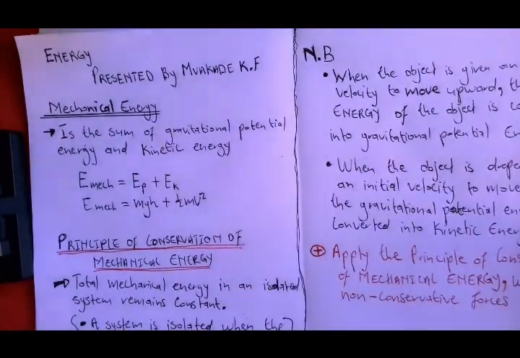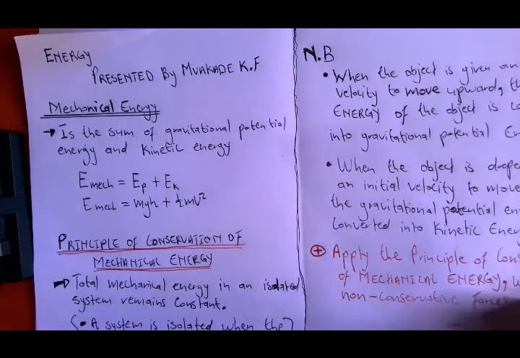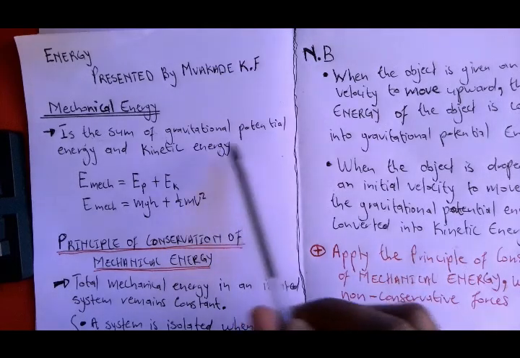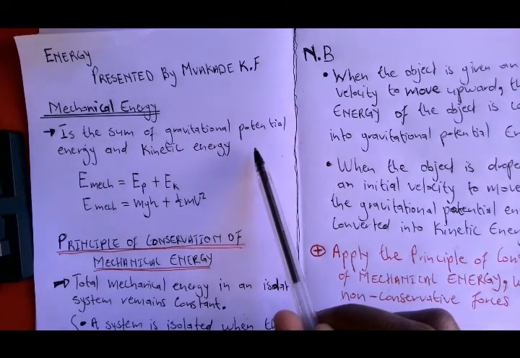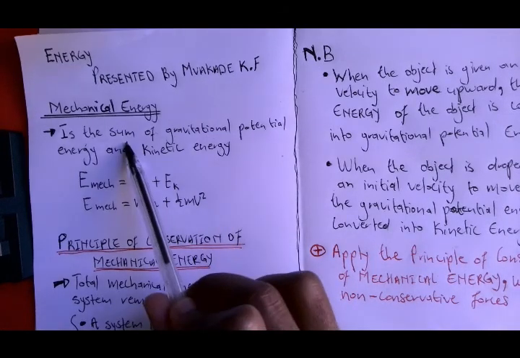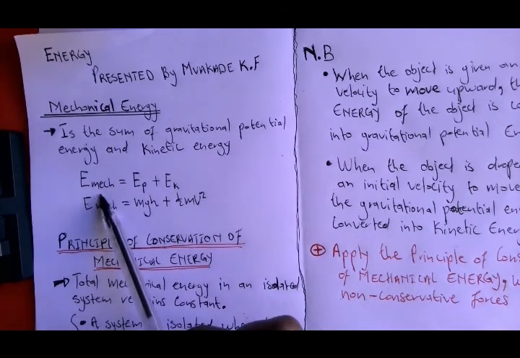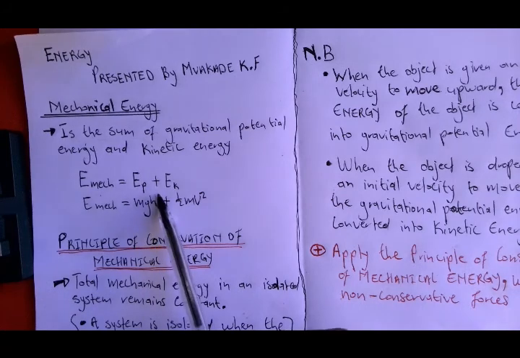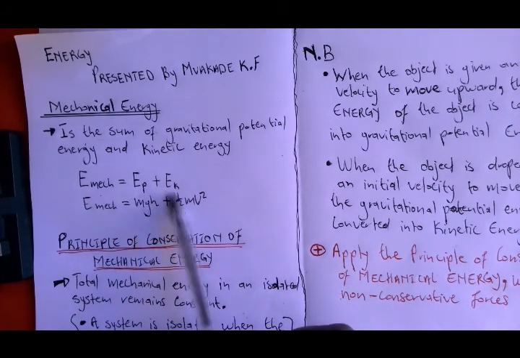Mechanical energy. What is mechanical energy? It is the sum of the gravitational potential energy and kinetic energy. So mechanical energy is equal to EP plus EK, where EP is the gravitational potential energy and EK is the kinetic energy.